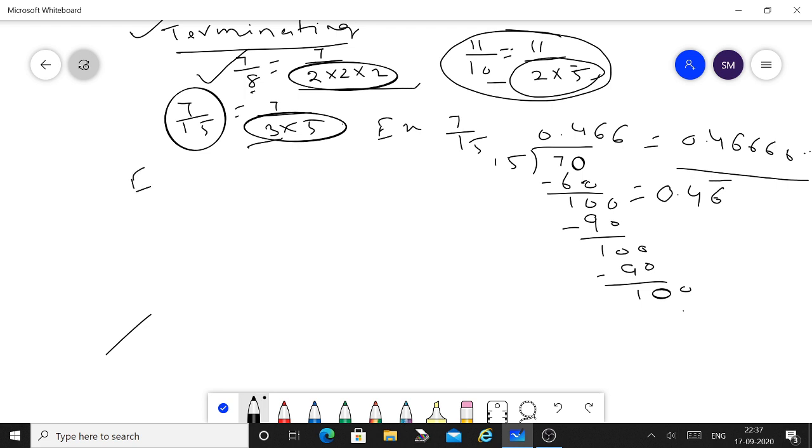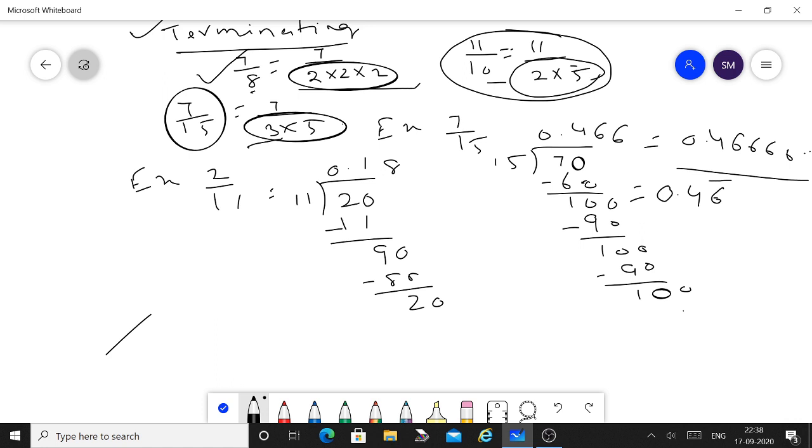Another example to make it clear. Suppose 2 upon 11. Put 0 here, then the decimal point. 1, 9, 0. 11 8s are 88. Then 2, 0. Then 1, 9, 0.